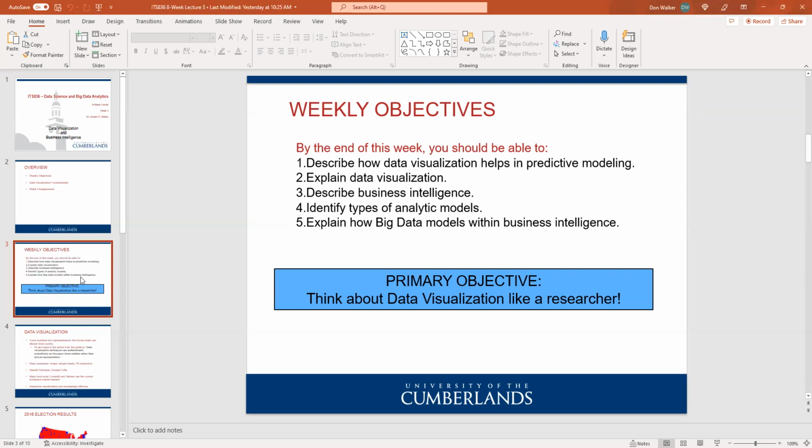And then maybe a follow-on research question might be, what is their perception of the necessity of the business intelligence?